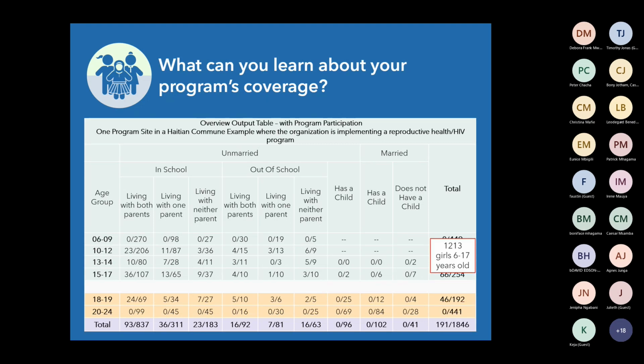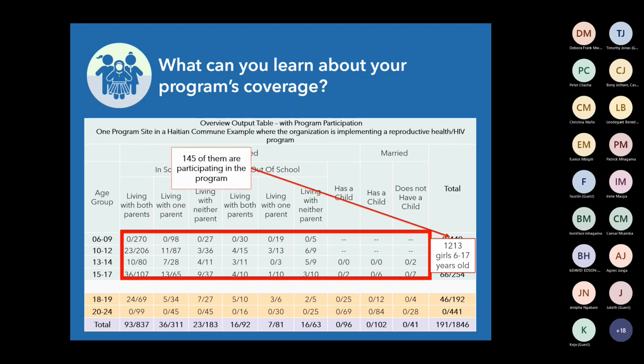Let's go through that. 1,213 of the girls are 6 to 17 years old in this program. Of those girls, in this community, 145 of them are participating in the program. So 145 of them are 6 to 17 out of the 191. Okay, so they're reaching a good age, but now how many of those girls really need it?